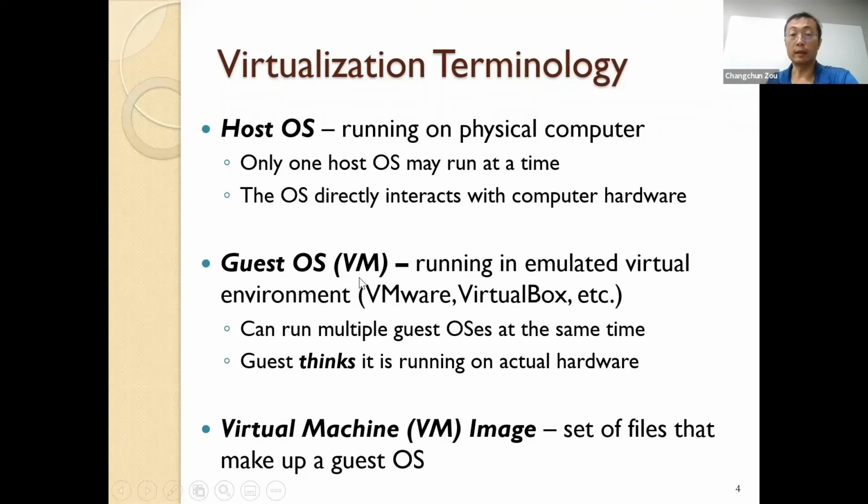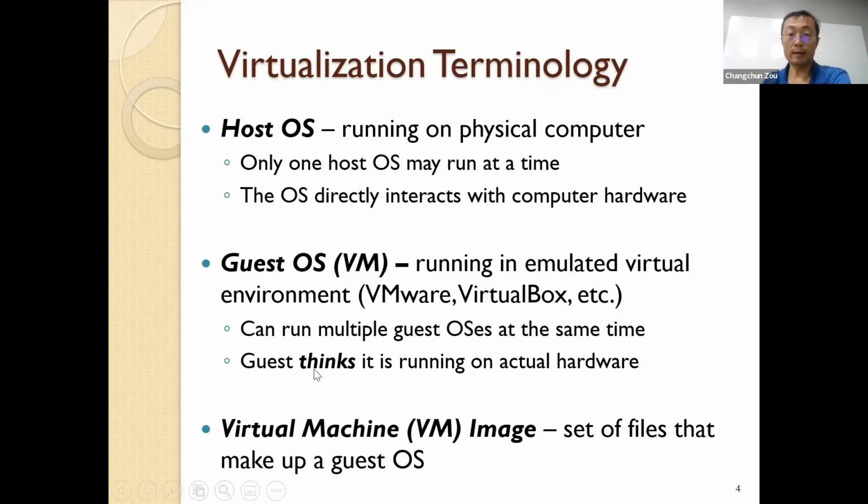Guest OS basically refers to the virtual machine you're running in the VMware or VirtualBox software. You can run multiple guest OSs, multiple VMs, under VirtualBox, and you can set these multiple VMs either separate from each other, or put them in the same virtual LAN, local area network, so they can communicate with each other.